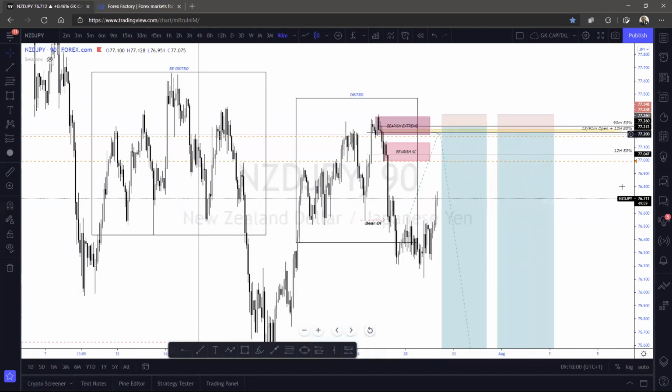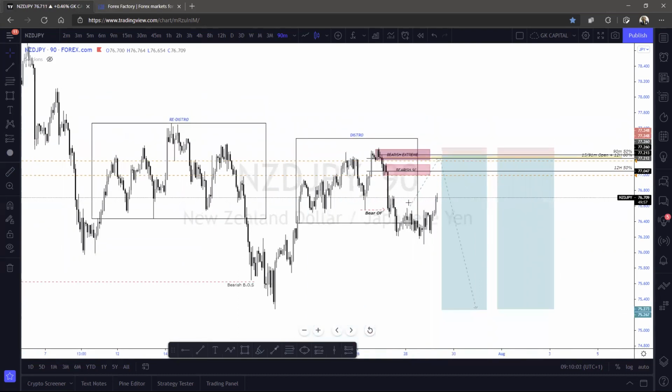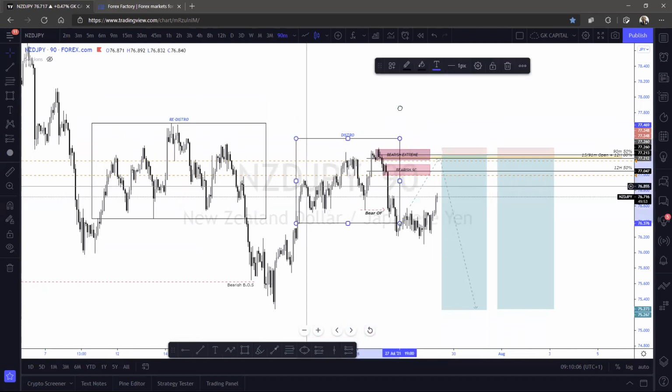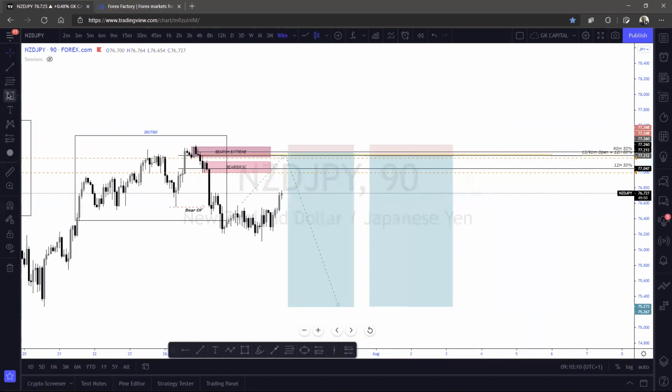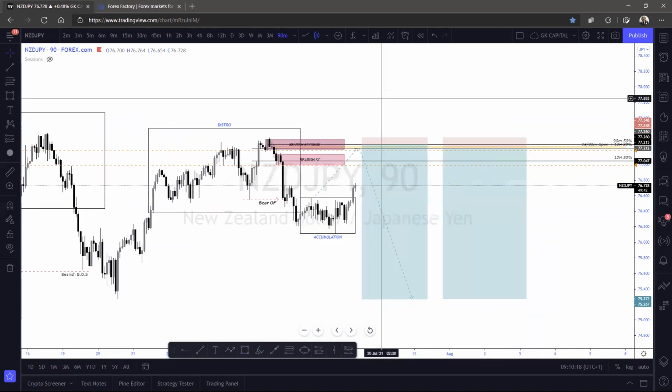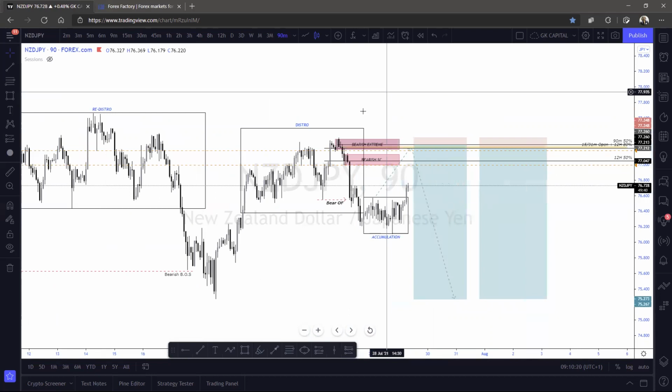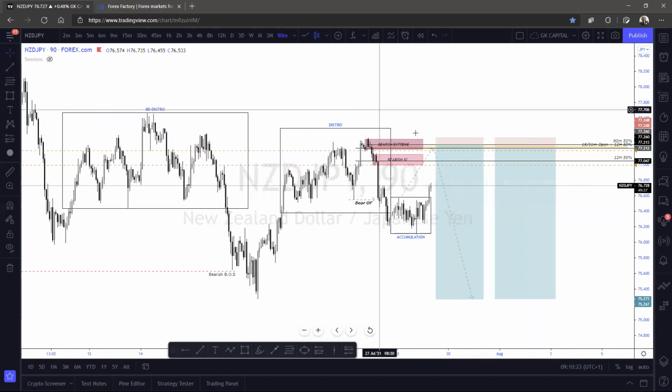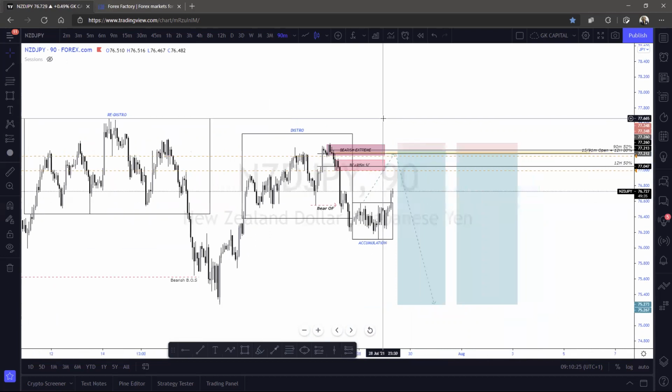Because then we can be playing the, what's it called, reaccumulation. So that's that.